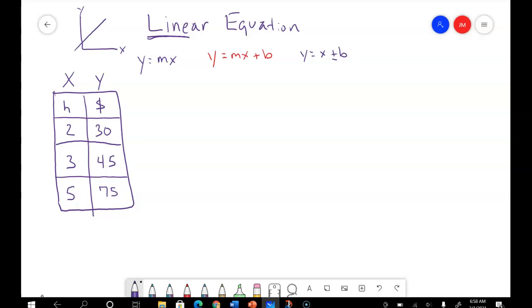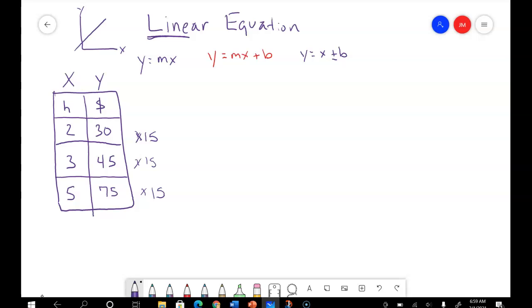The way I get from 2 to 30 is my x value times 15. The way I get from 3 to 45 is my x value times 15. The way I get from 5 to 75 is my x value times 15.